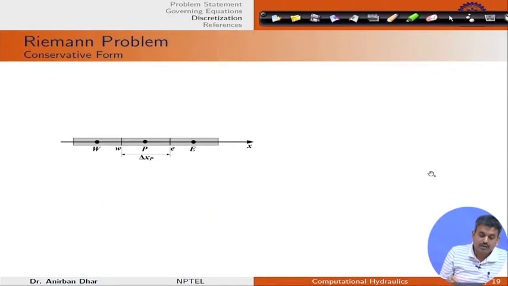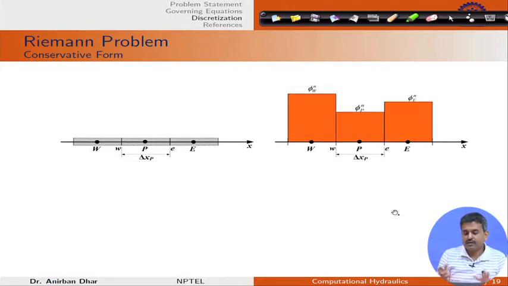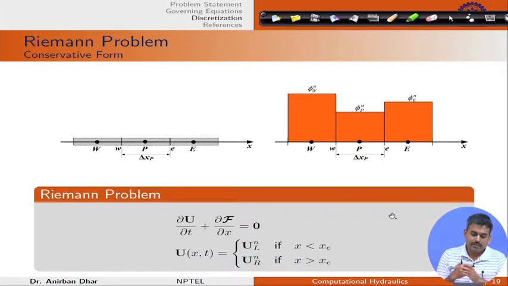Now, we have discussed this Riemann problem for one dimensional conservation laws, where we had this phi variable, which was a general variable. Now, we want to apply the same concept here. So, Riemann problem, this is our equation, and u x t, if we consider the value on the left side, this is u l.